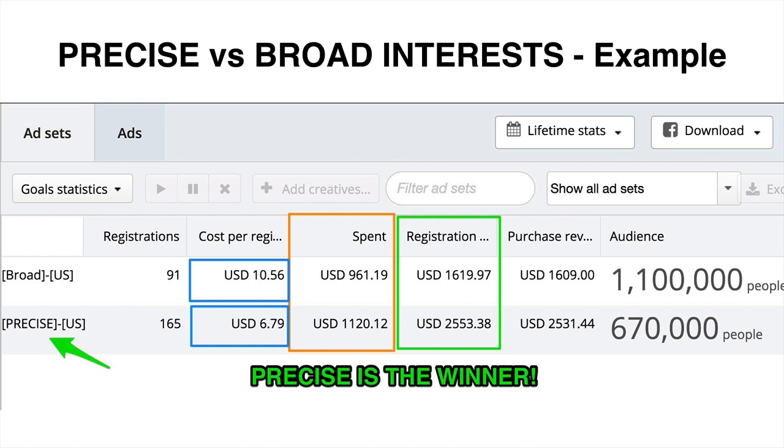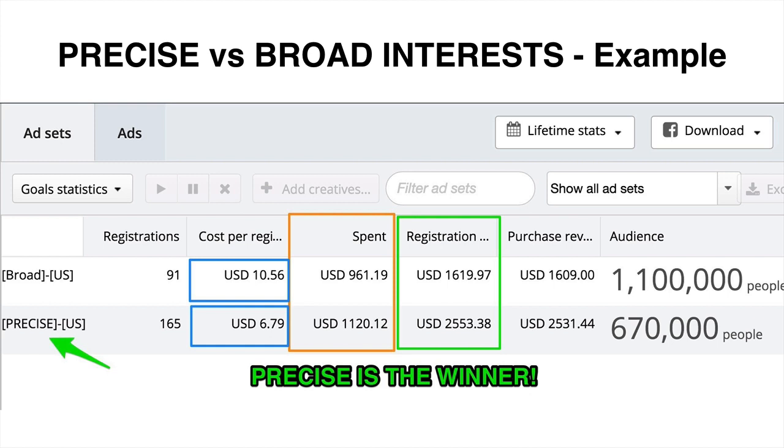And this is inside Facebook. This is Facebook ads. I'm looking at a campaign that I'm split testing. In the orange box is the amount of money so far I've spent on each ad. So I've spent $961 on the broad campaign, $1,100 on the precise. Okay, now both of them are profitable. I'm making good ROI on both ads.